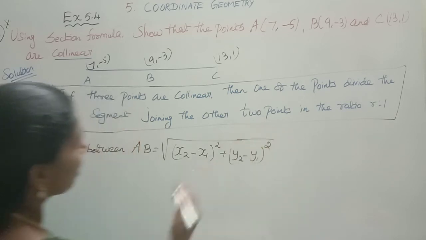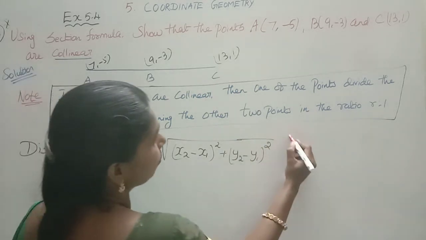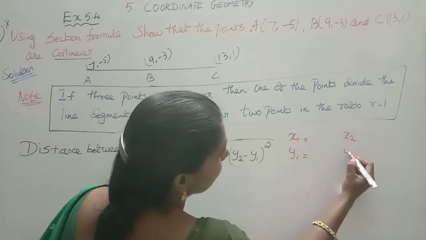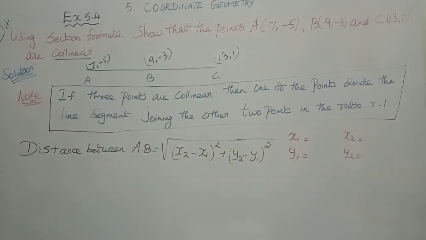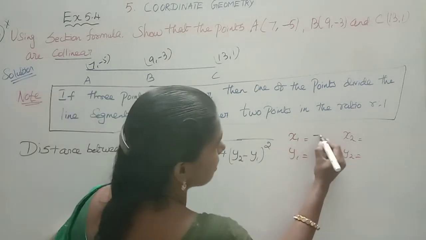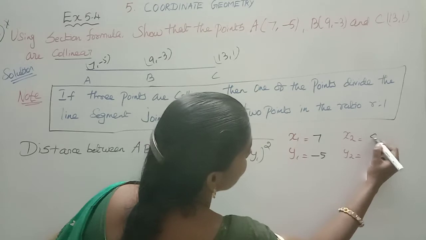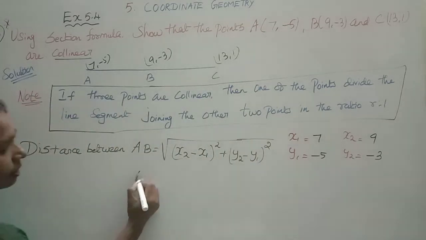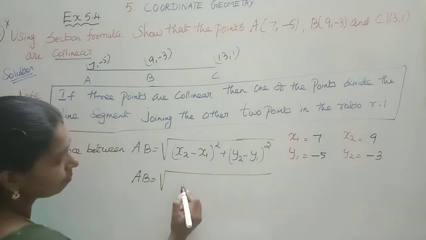In this place you write x1, y1 and x2, y2. First we want the ratio, what is r:1? So I am taking the distance formula. x1, y1 is 7, minus 5 and x2, y2 is 9, minus 3. Now substitute. Distance between AB is what? x2 minus x1.